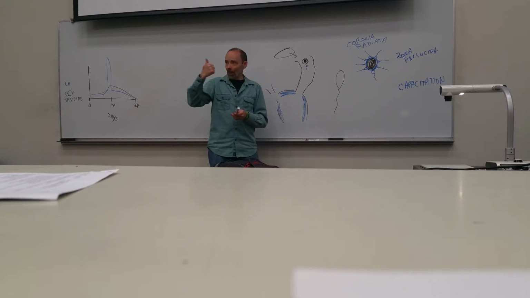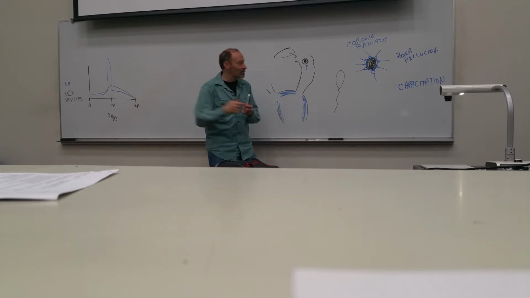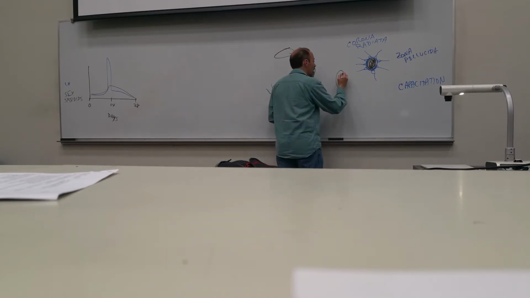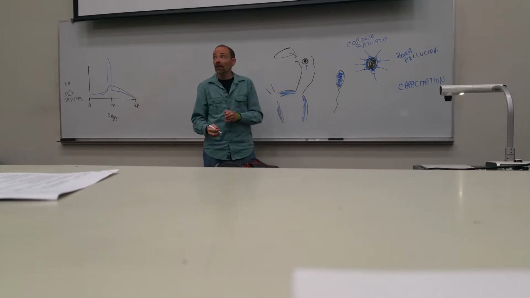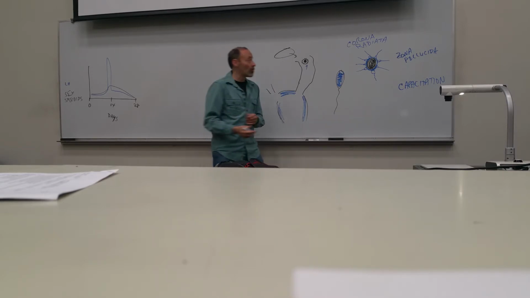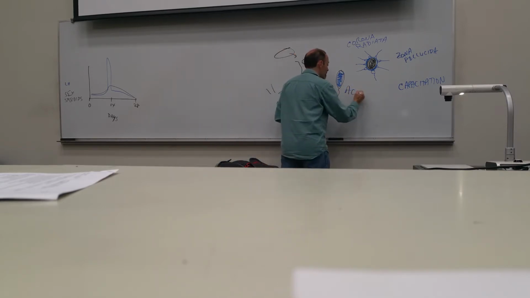You carry some mitochondria, because you need energy. You carry your DNA that you have packaged up, and now your nucleus takes up most of you. So here's your nucleus. You streamline your shape so you can swim better, and then you carry a big old packet of enzymes. It's really just a modified lysosome. It's called an acrosome.